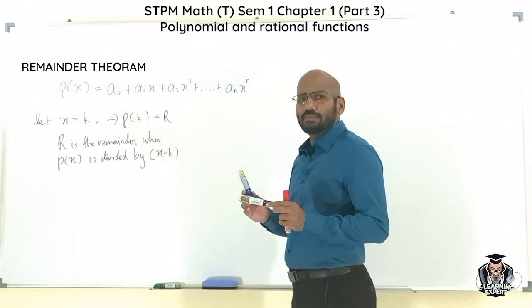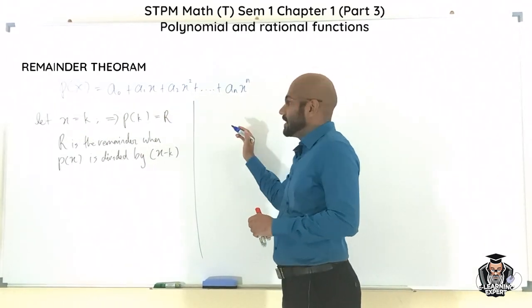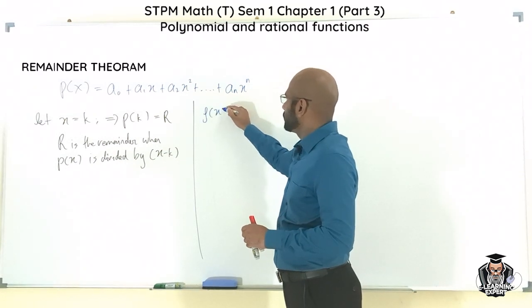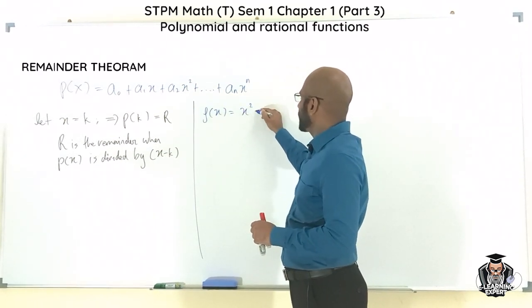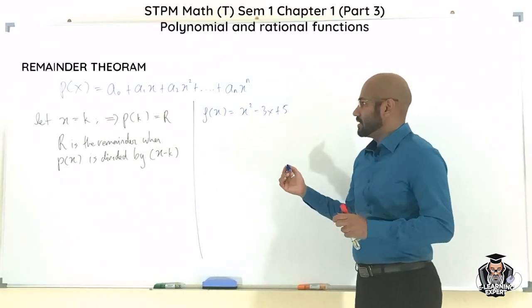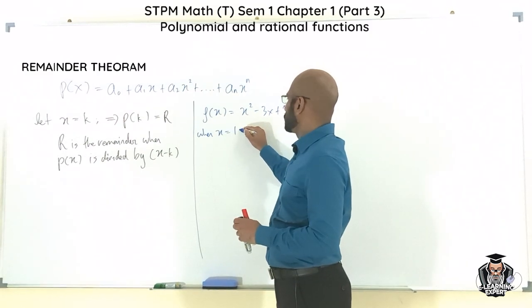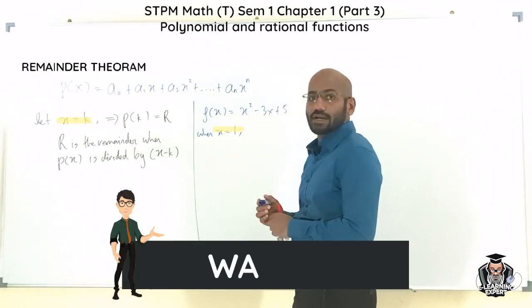Let's just take a simple quadratic function. I'm going to show you the analogy over here. Let's say we have f of x equals to x squared minus 3x plus 5. And I'm going to say when x equals to 1, let's watch what happens here.